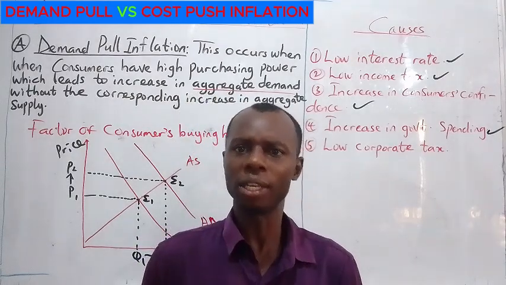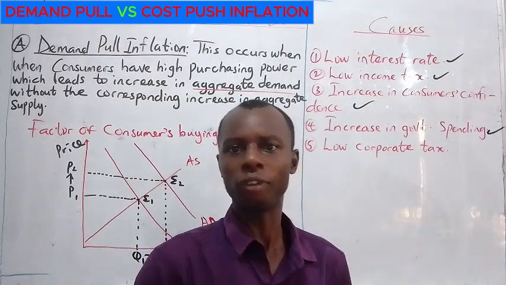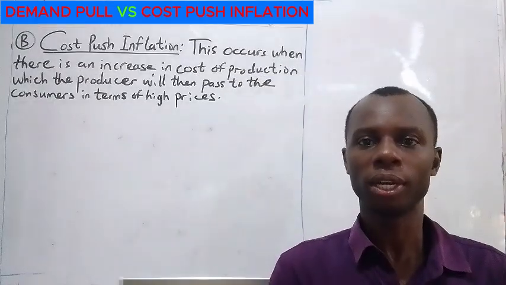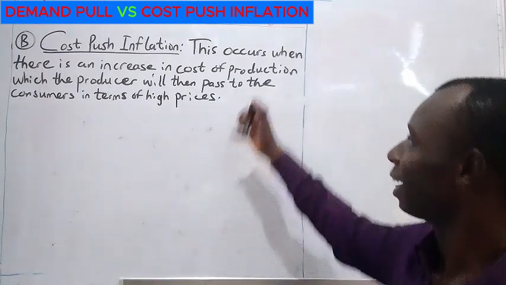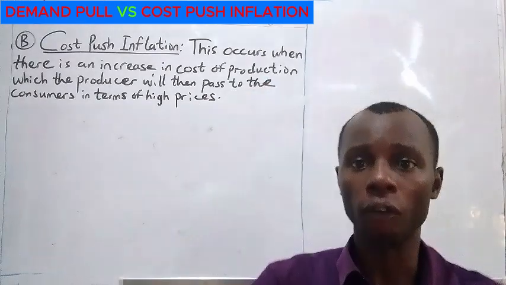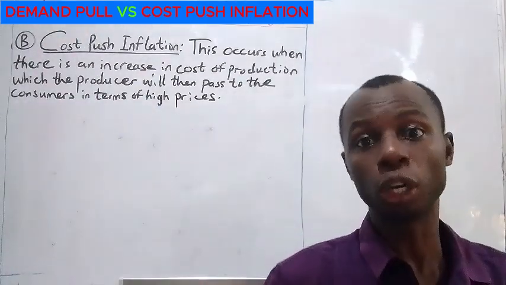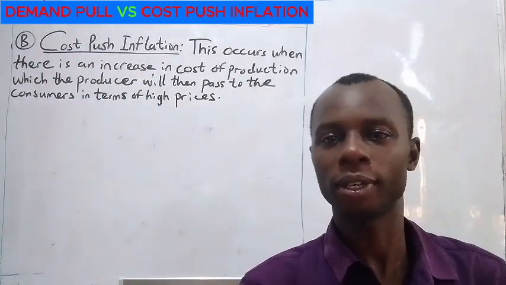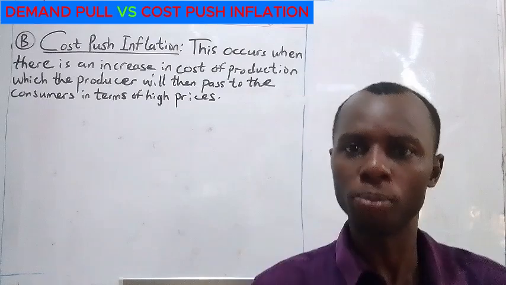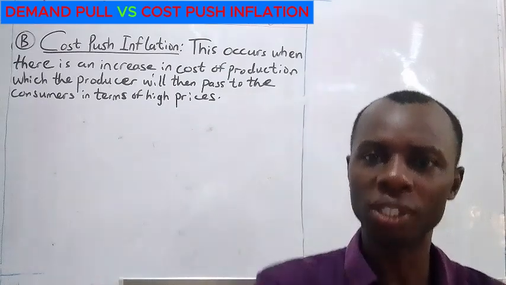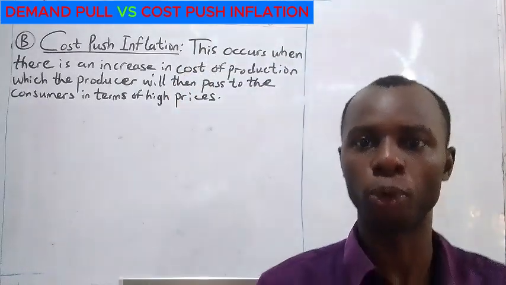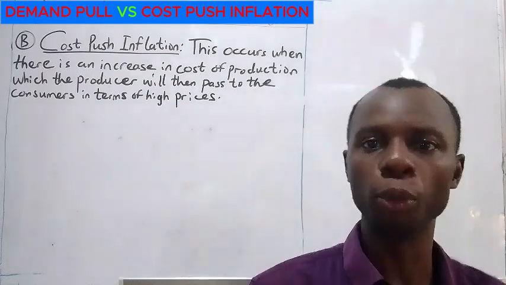The opposite of this is cost push inflation. What is cost push inflation? This happens whenever there is an increase in the cost of production of goods and services, which the producer will then pass on to the consumers in terms of high prices. Remember, the producers are using different factors of production to make goods and services available to you and me.